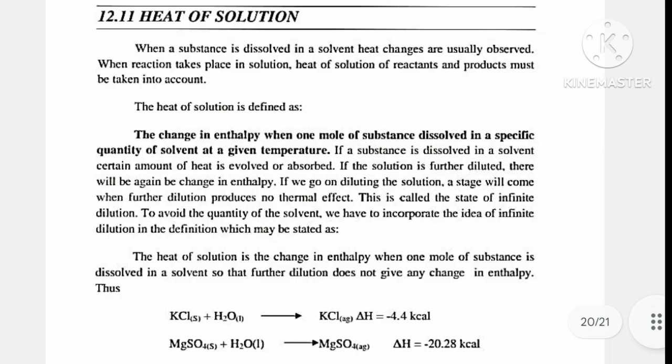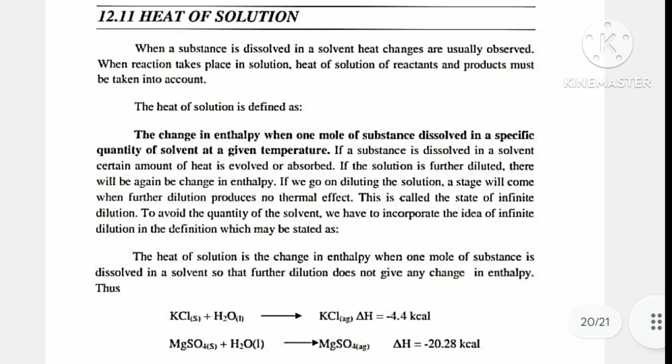Heat of solution. When a substance is dissolved in a solvent, heat changes are usually observed when reaction takes place in solution. Heat of solution of reactants and products must be taken into account. The heat of solution is defined as the change in enthalpy when 1 mole of substance is dissolved in a specific quantity of solvent at a given temperature.